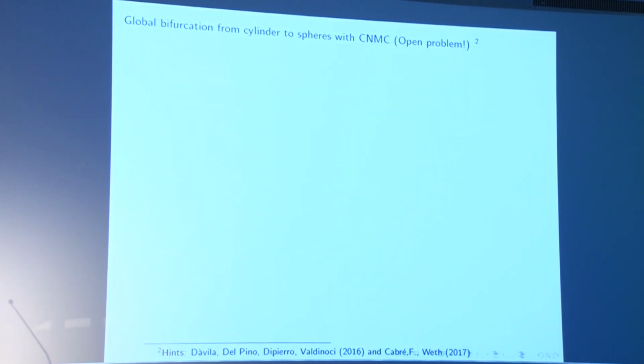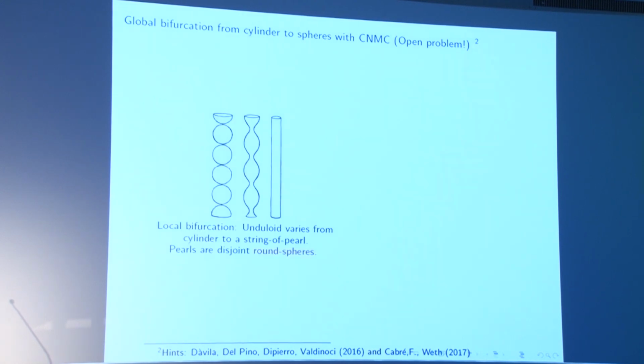To introduce that, I will start with the global bifurcation technique. If you look at the Delaunay surfaces very well, you can see that the cylinders shift to undulates and then deform in order to become a string of pearls. This is schematized here, so you have a kind of global bifurcation from cylinder, to undulates, to string of pearls.